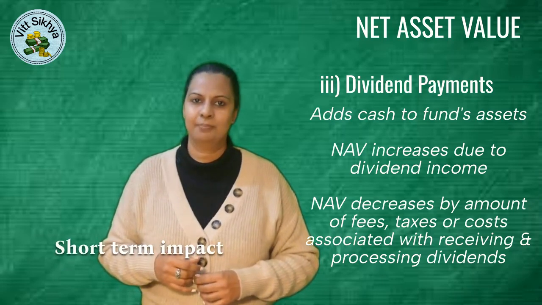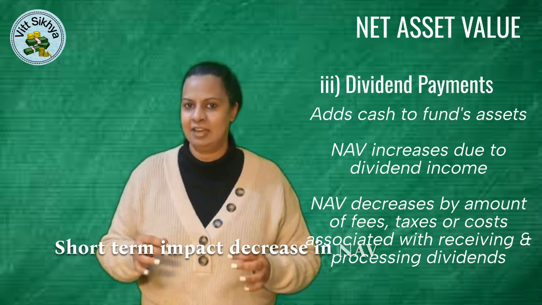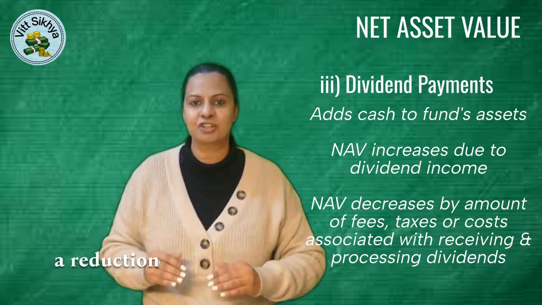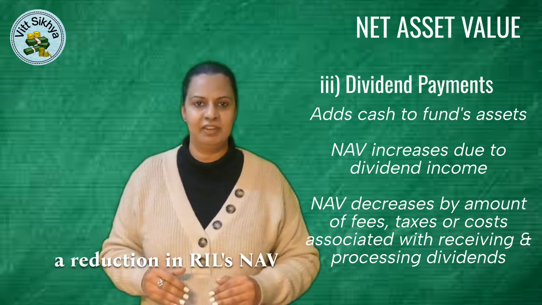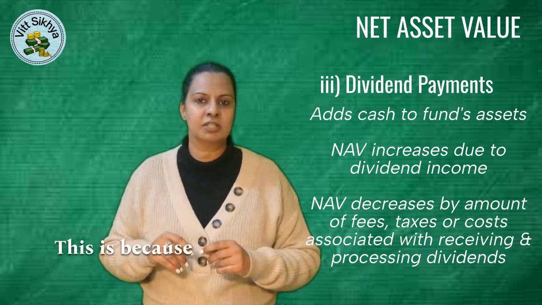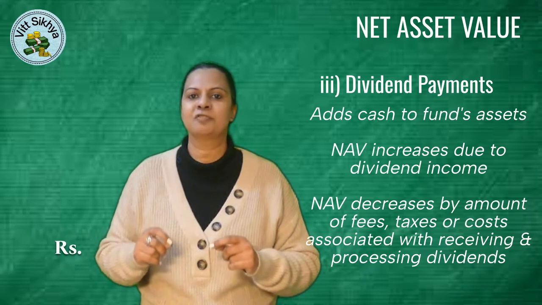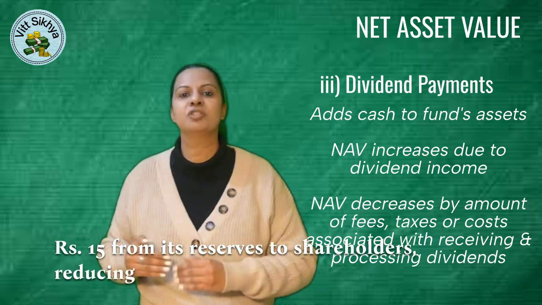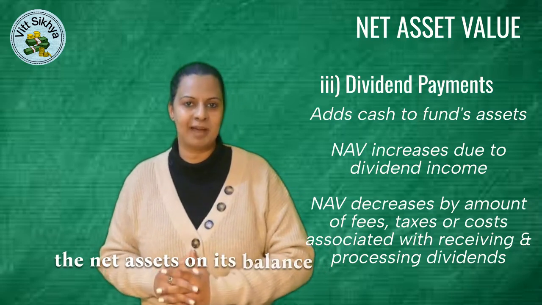Short-term impact. Decrease in NAV. The immediate impact will be a reduction in RIL's NAV by Rs 15 per share. This is because the company will be distributing Rs 15 from its reserves to shareholders, reducing the net assets on its balance sheet.